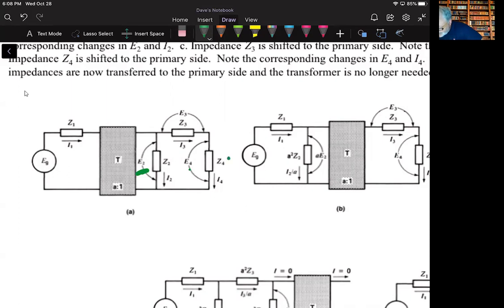So E4 is the voltage across Z4, and E3 is across Z3, and so forth. We've got different currents, and a lot going on here. This current that we were looking at earlier is now comprised of a lot of different currents. Let's just recognize it at first, and then we'll walk through the progression that he gives us in the text.